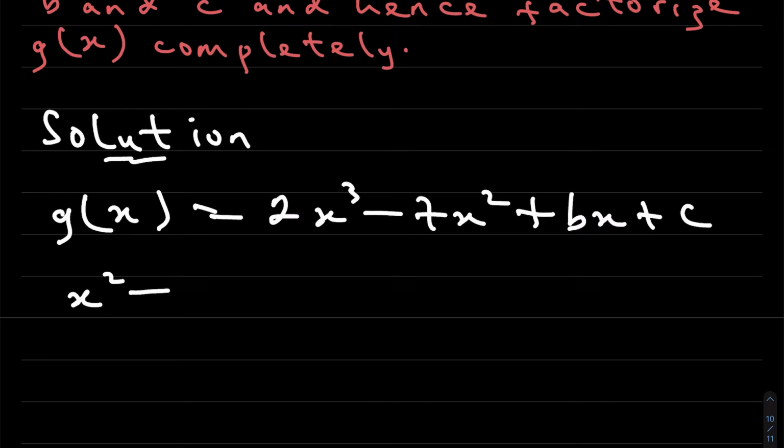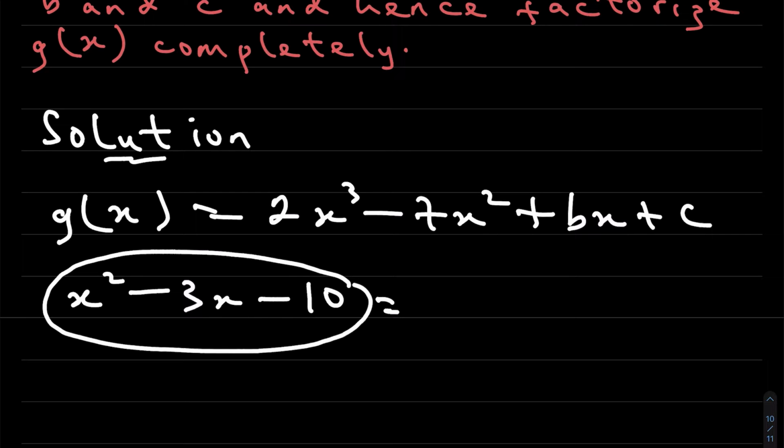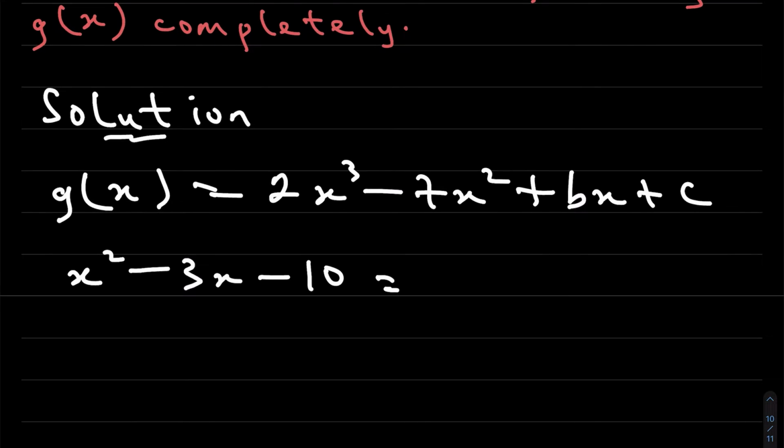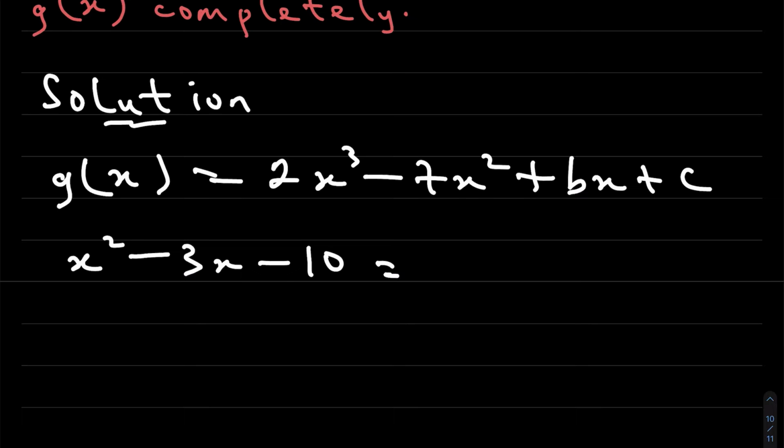That simply means the factors of x squared minus 3x minus 10 are also factors of g of x. In other words, if you factorize x squared minus 3x minus 10, the factors are also going to be factors of g of x. So let's do that.